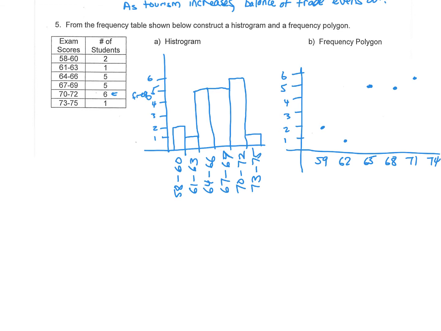And 74 drops down to 1. So this frequency polygon, I'll connect that. It starts from 0 up to there, and then goes on. So that's the difference between the histogram and the frequency polygon.